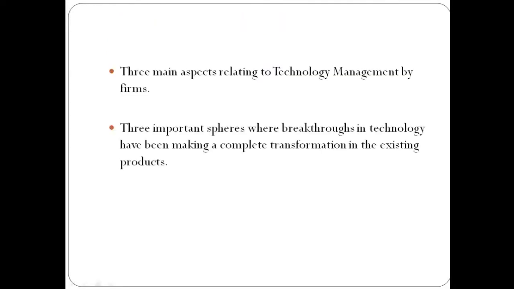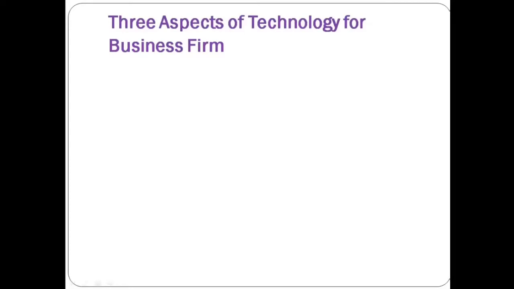By existing products, I mean there are a lot of changes in our watching style, our entertainment style, and our usage of mobiles. We will discuss them one by one.